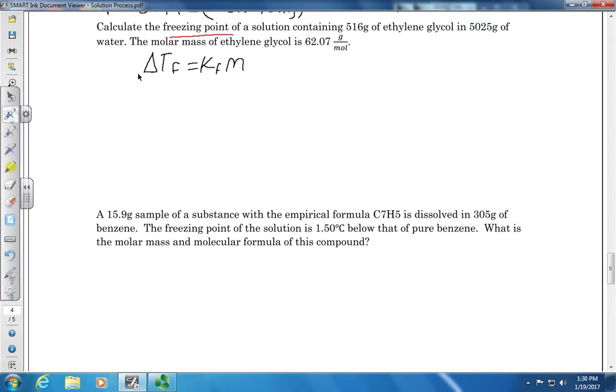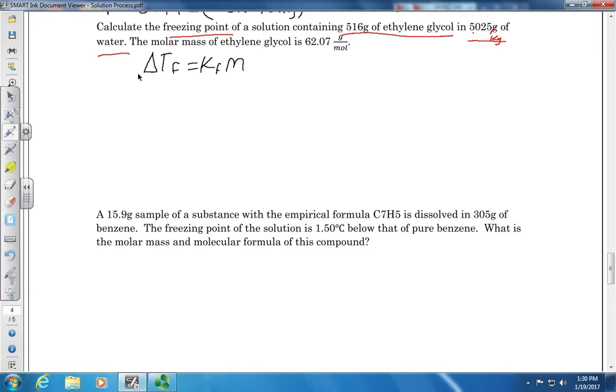So in order to do that, we need to find the moles of the solute, which is going to be given from the 516 grams, divided by the mass of the solvent, which we are already given. But we are given it in grams, and we need to simply convert it to kilograms. Divide this by 1,000, and you end up with 5.025 kilograms.